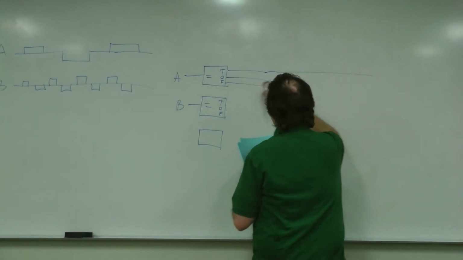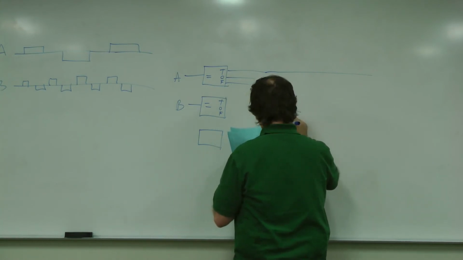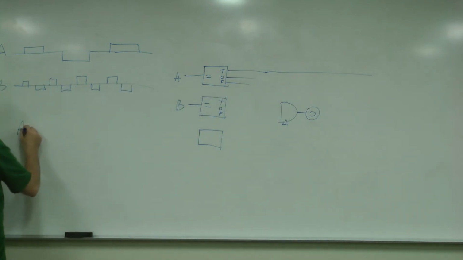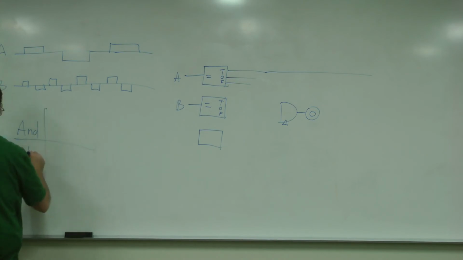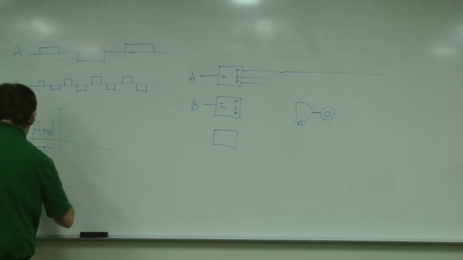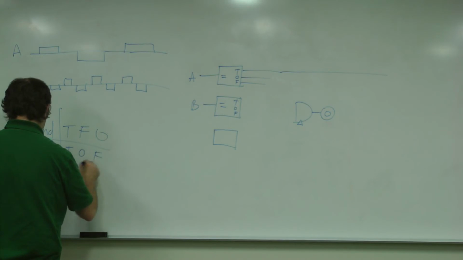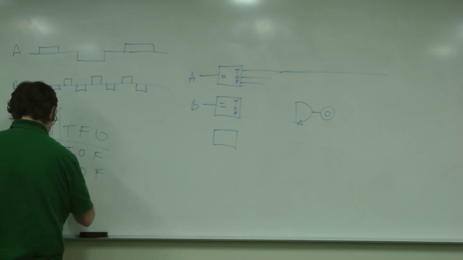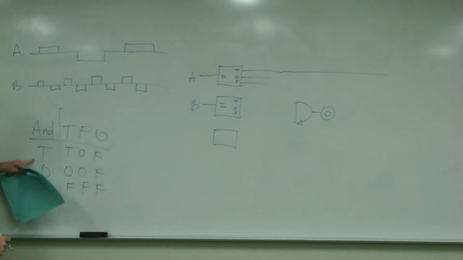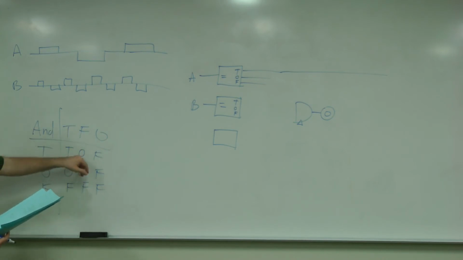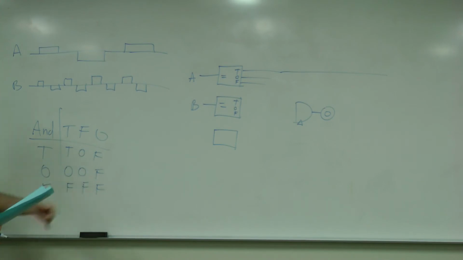And then I would take these outputs and create a truth table that would look something like this, where the true inputs would come out in this corner, then true and false, or false and true, and so on and so forth.